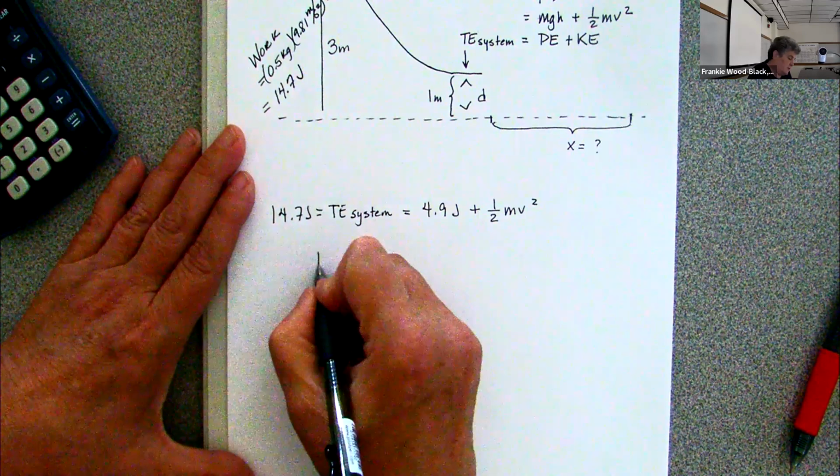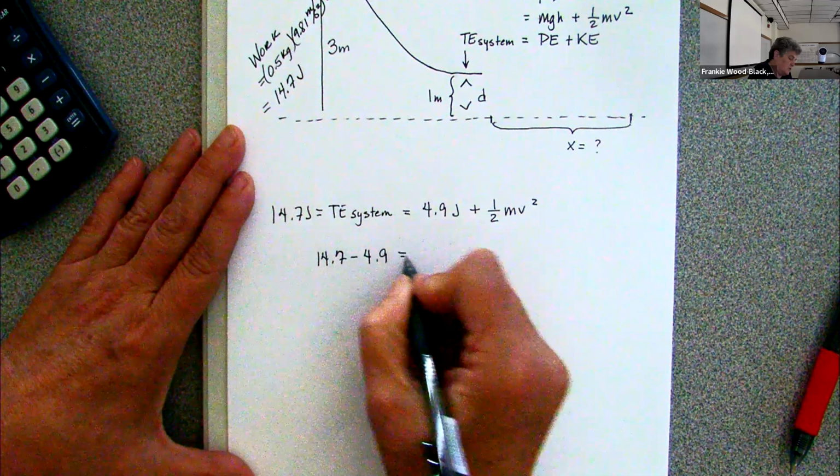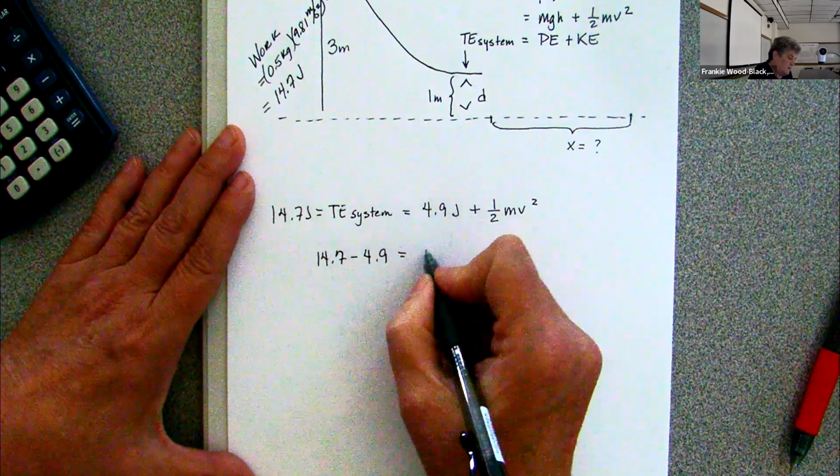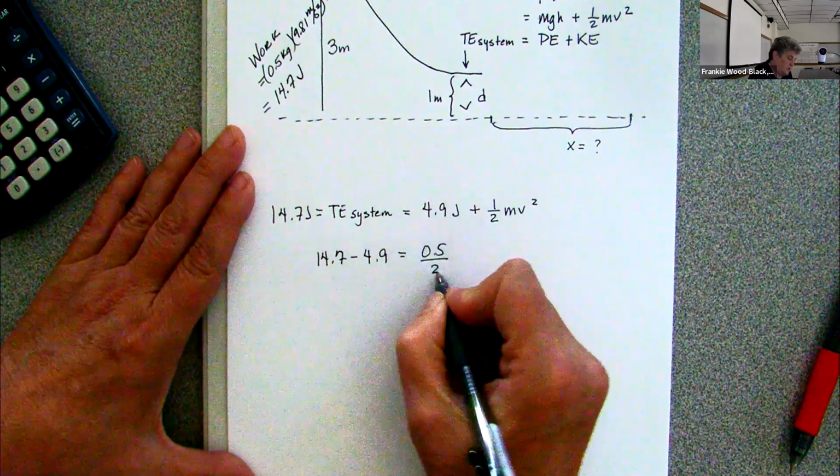So I get my 14.7 minus my 4.9 is equal to my 0.5 divided by 2 v squared.